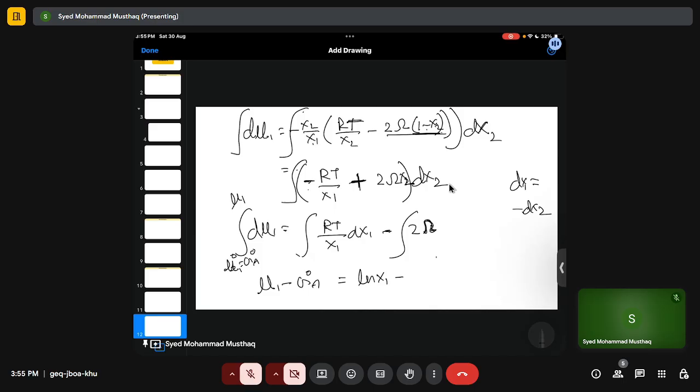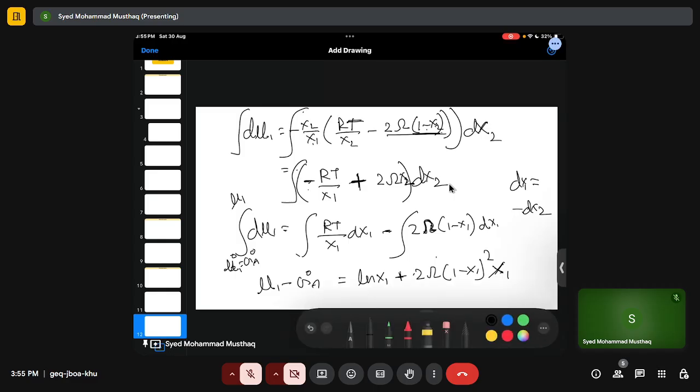So x2 should be 1 minus x1. And I have dx2. Yeah, then it will become plus because I am doing integration. Right? So this will be 2 omega 1 minus x1 whole square. No, not x1. Sorry.